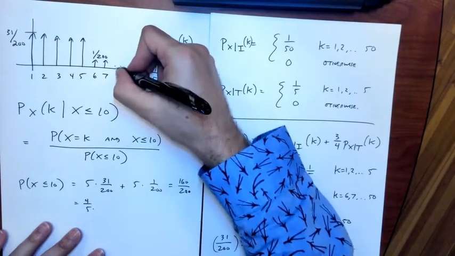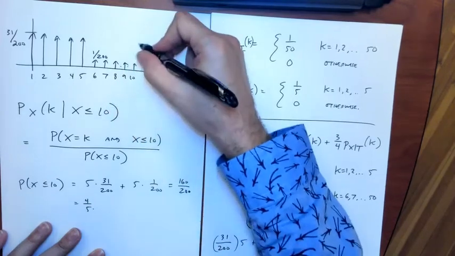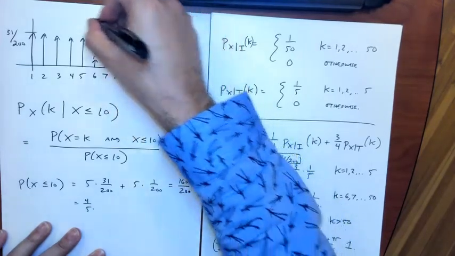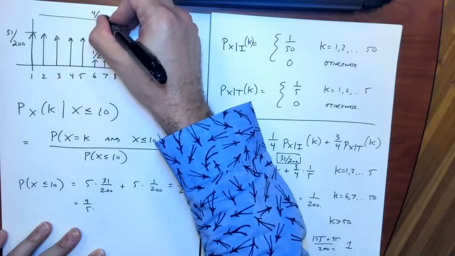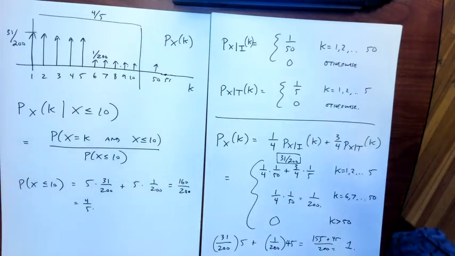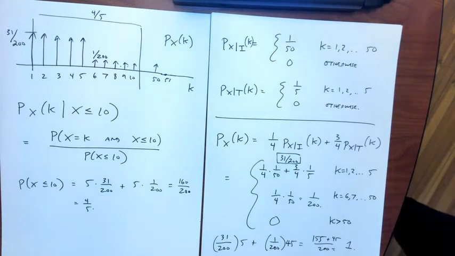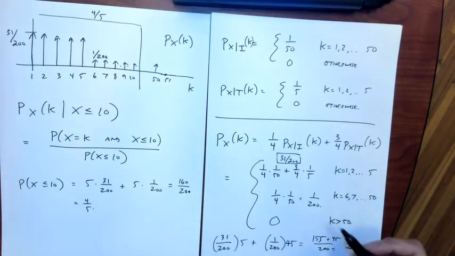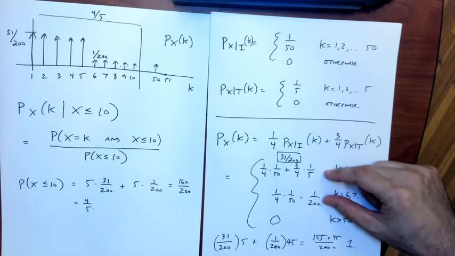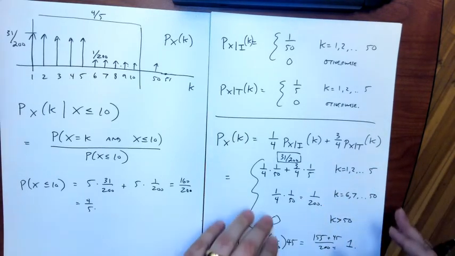So that's like saying that up to this point, there's 4/5 of the total probability, right? And now the conditional PMF is just a rebalancing of that series of sticks by the total amount of probability there. So all I'm going to do is take these numbers and divide them by this number.